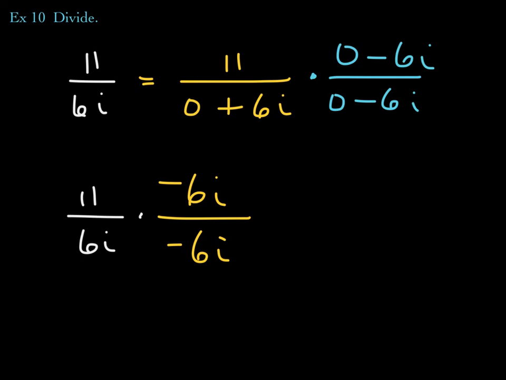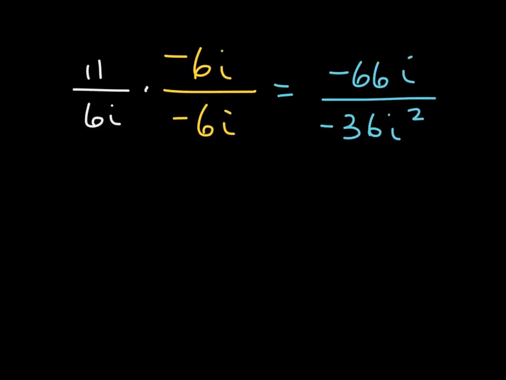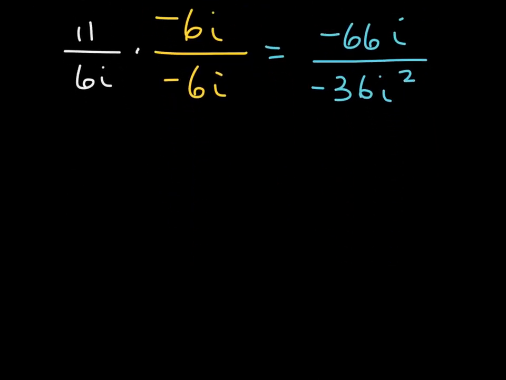So the numerator is just negative 66i, and the denominator is negative 36i squared. Which then gives us negative 66i over positive 36. This i squared is negative 1, negative 36 times negative 1 is positive 36.